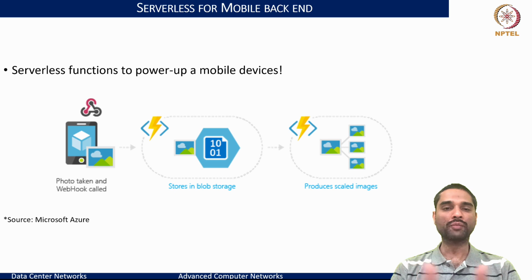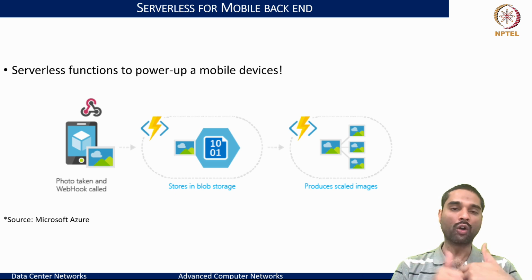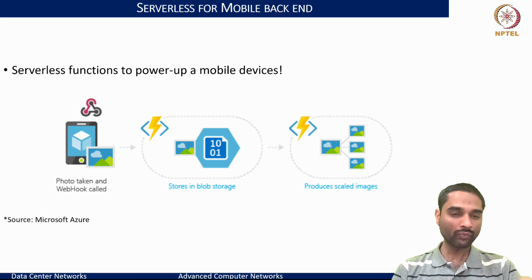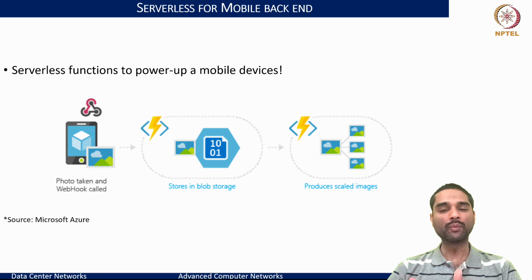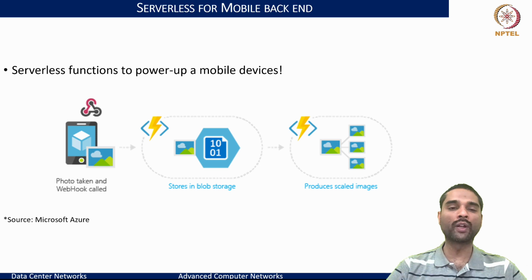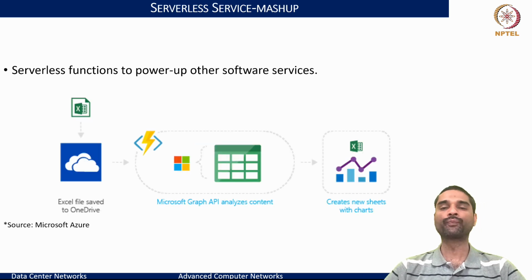And this essentially also offloads your mobiles from doing any functionality. And in fact, when you take a picture on your mobile, the service provider himself can have these functions which can be deployed on the cloud to run for you and provide that as a value-added service to the user. So it opens up again a new model of how the services can be integrated onto the mobile devices.